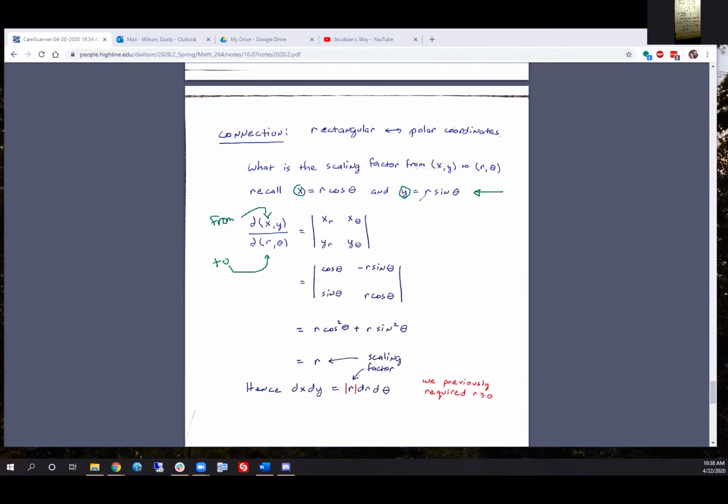So if you think about it, in the example that we were just looking at prior to this, we had u equal to x minus 2y and phi equal to 3x minus y.